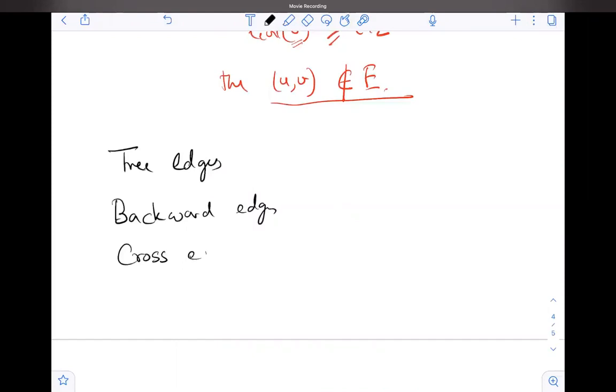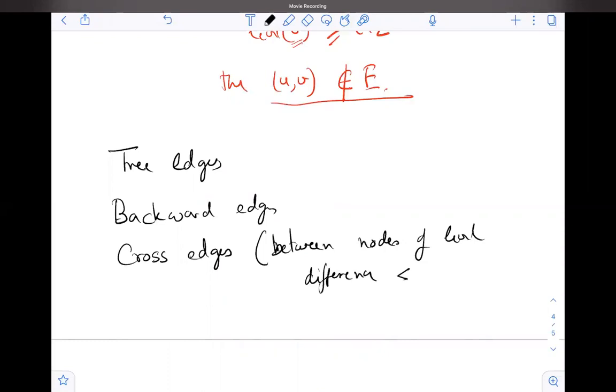But these cross edges also are something we have to be careful about. Cross edges between nodes of level difference less than or equal to 1. So no forward edges can be there.